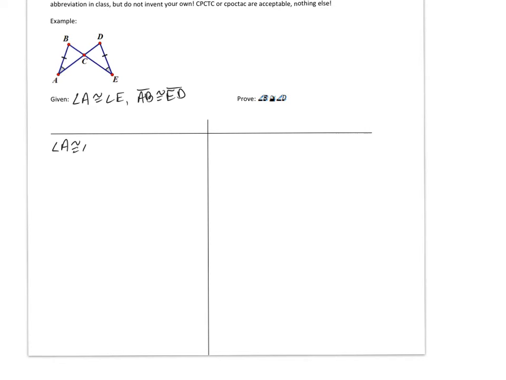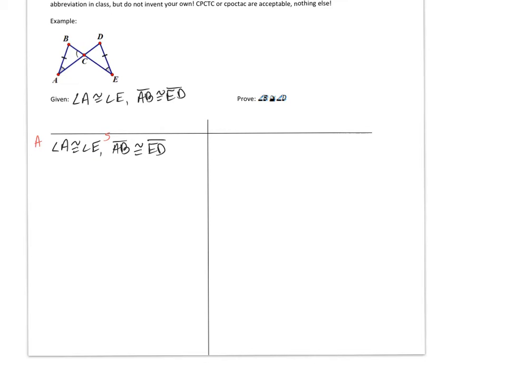Angle A congruent to angle E, and AB congruent to ED. And looking at this, they've already given me an angle and a side. And my first step is always to prove the two triangles congruent, so I just need to find something else to use to do that.